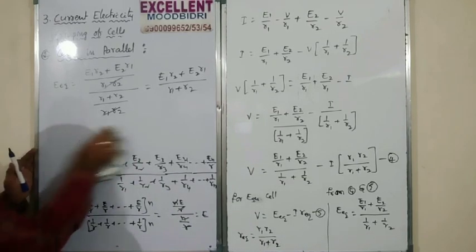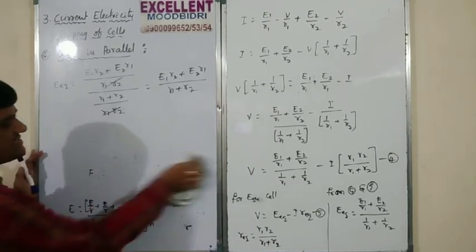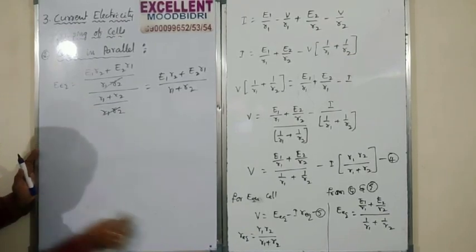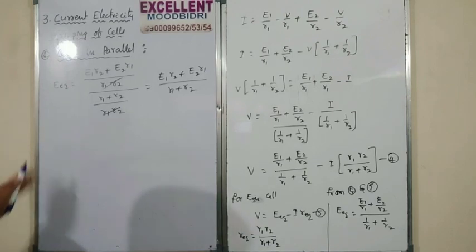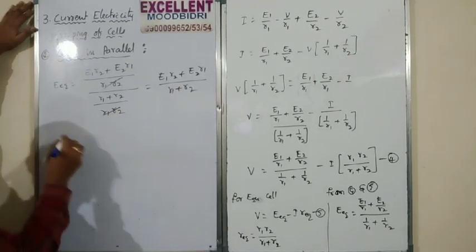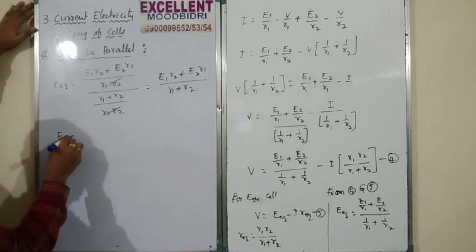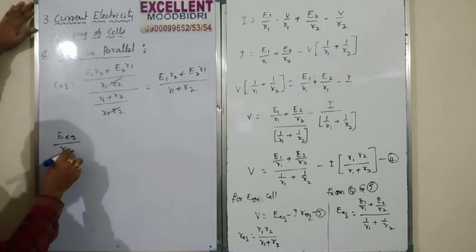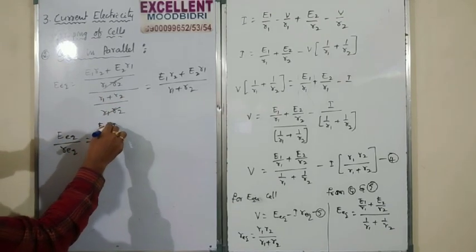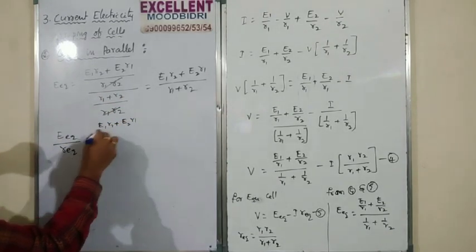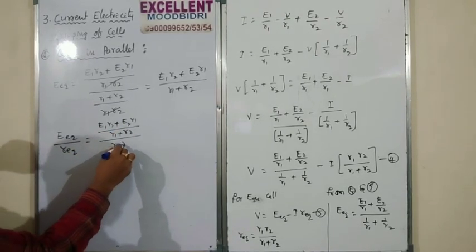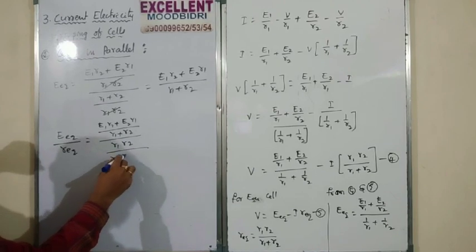So next, here you can observe this one. N cells are there. We should connect N cells in series parallel combination. Then E effective is equal to how much? So now E equivalent by R equivalent we will do. E1 R2 plus E2 R1 divided by R1 plus R2, divided by R1 R2 divided by R1 plus R2.